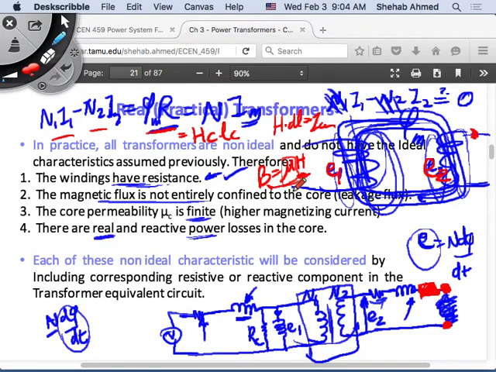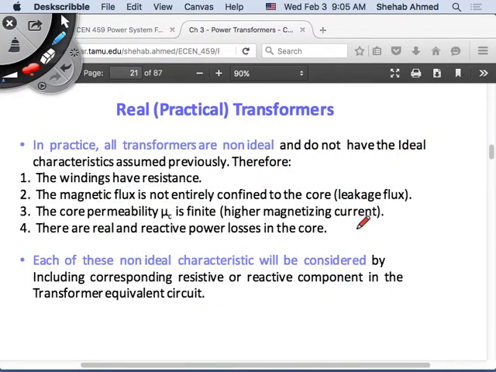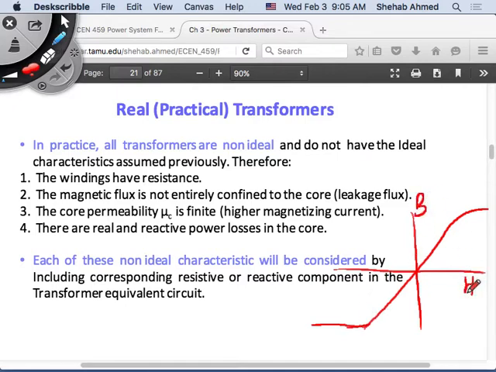Let's say your typical BH curve for a magnetic material looks like this, approximated for now without hysteresis. This is B, this is H. Remember, H core is equal to N, the number of turns, times the magnetizing current, which is equal to I1 minus I2, right?